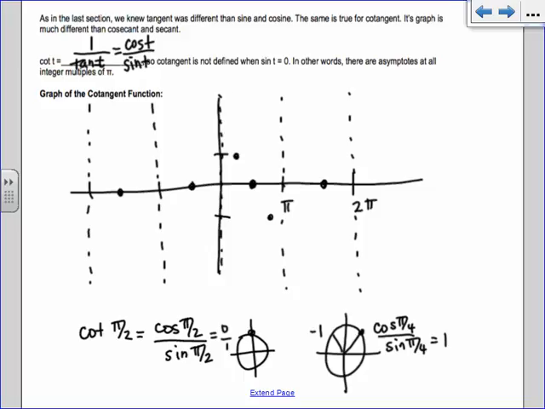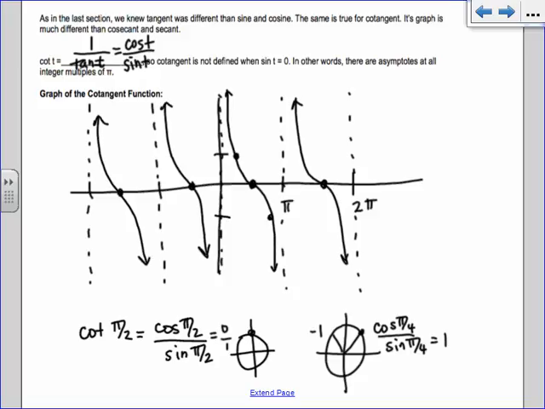Right? So it has to go down like this because of that. And you can do it for all the other pi over 4 values, and you'll see that the rest of them go down like that as well. Okay, so that's showing 4 periods right there. So cotangent ends up being just kind of a reflection of the tangent.